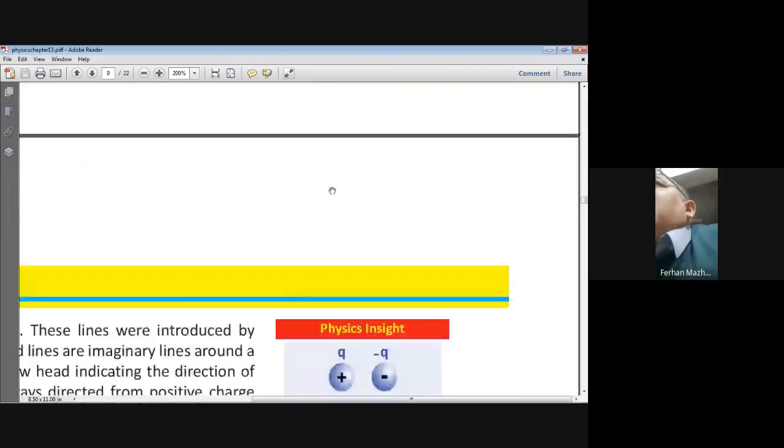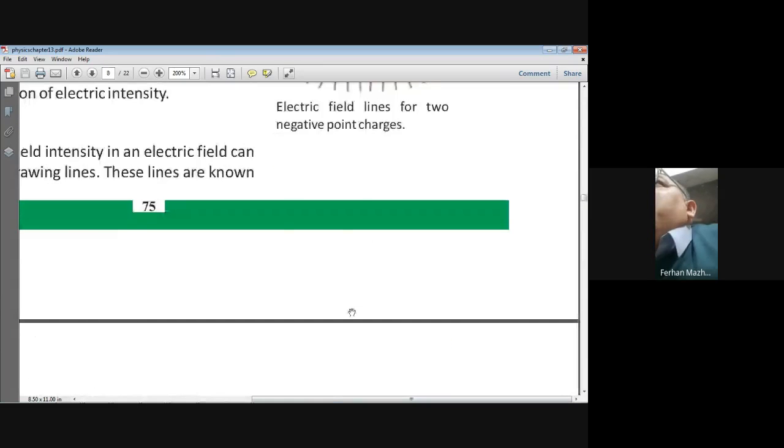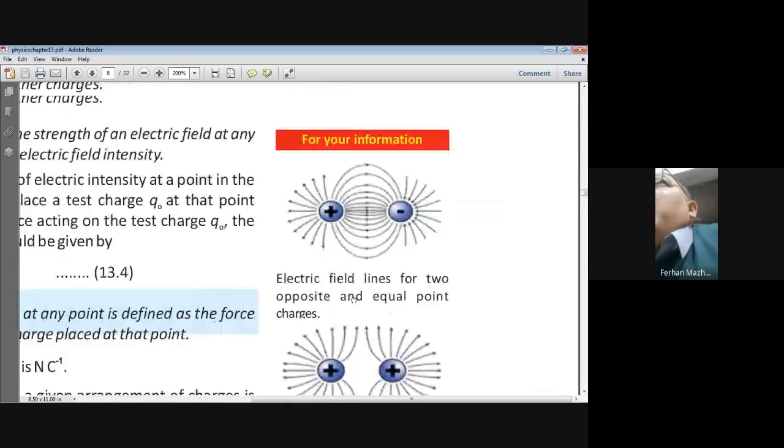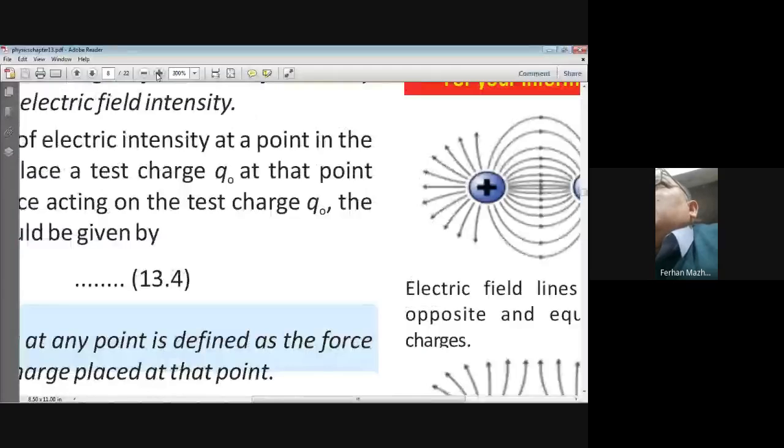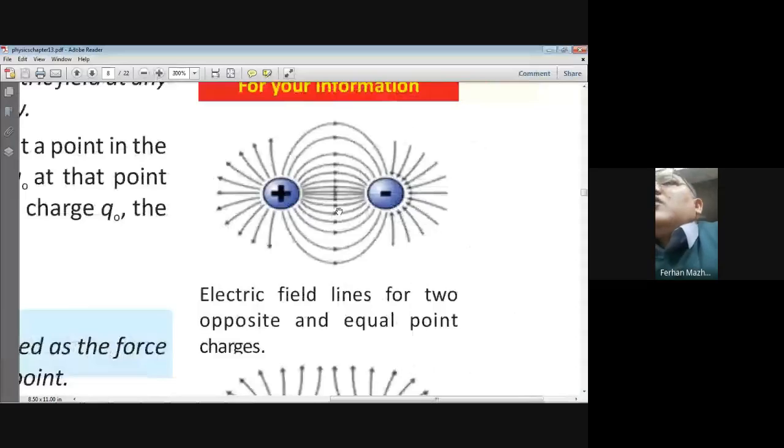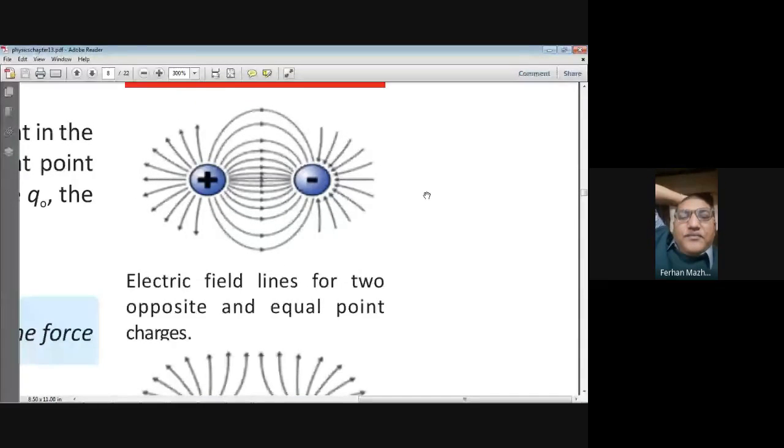We make these imaginary lines to explain the behavior of charged bodies when they are close to each other. Let me show you this diagram. With the help of the electric field lines, we can explain why a positive and a negative charge will attract each other.